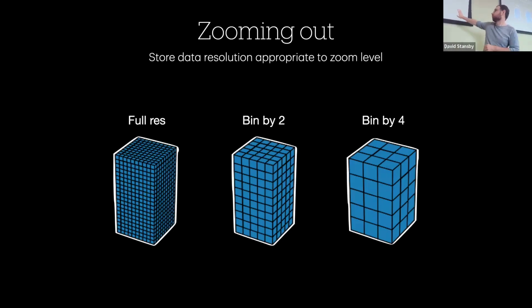You store a copy that's downsampled by a factor of 4, and so on, as much as you want. You might think this is a bit wasteful, and it is. But if you do the maths in 3D, you only end up storing a maximum of 1/7 more than the data you started with. So it's a trade-off in terms of storage, but it's really worth it.